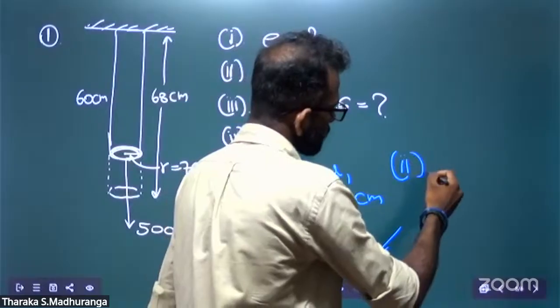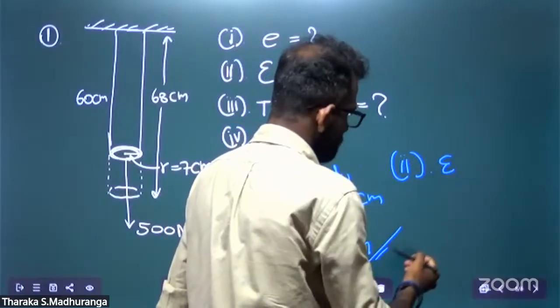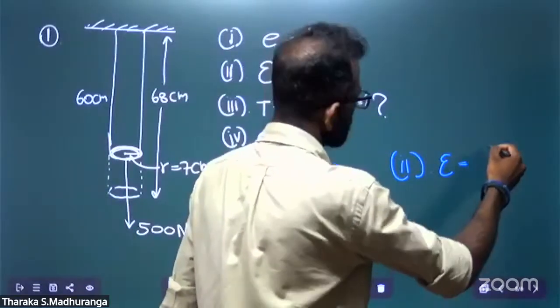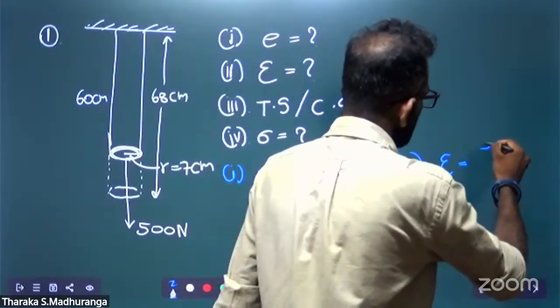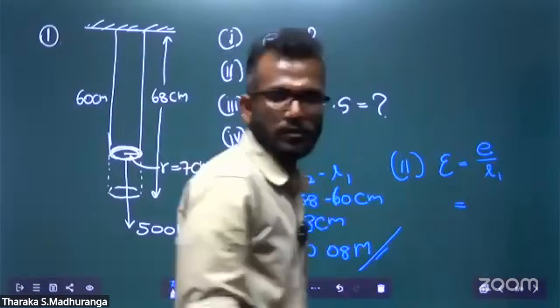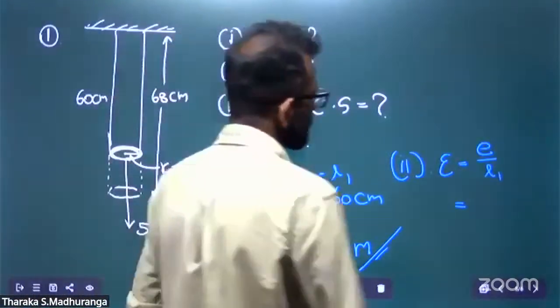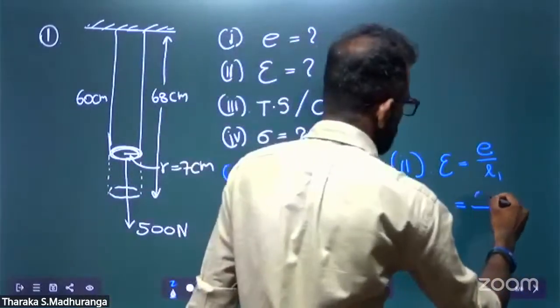Second one, the strain equals e over L1, where the extension is 0.08.